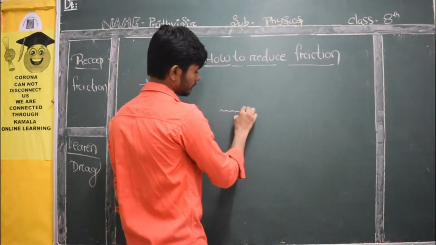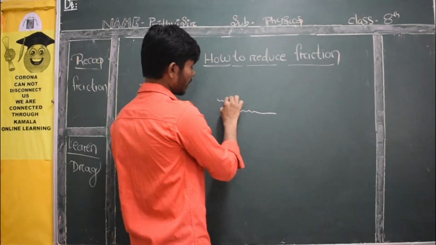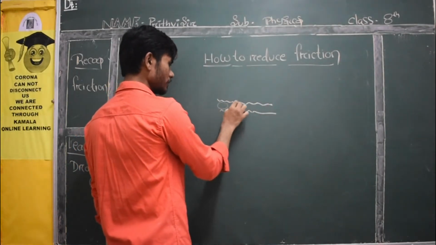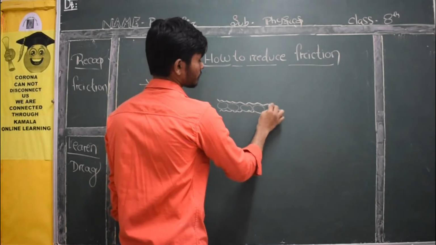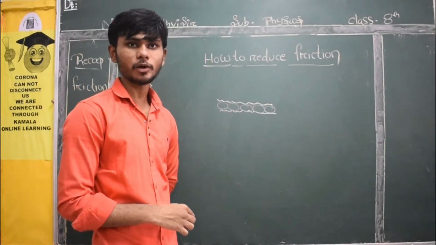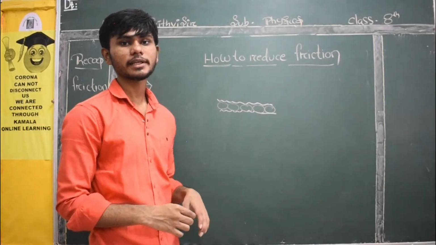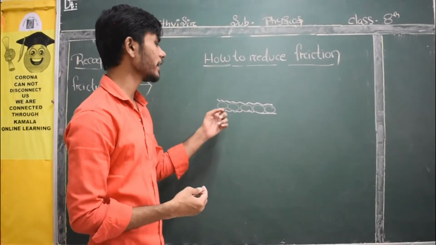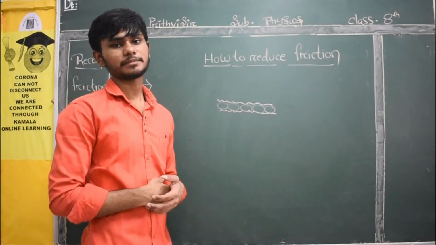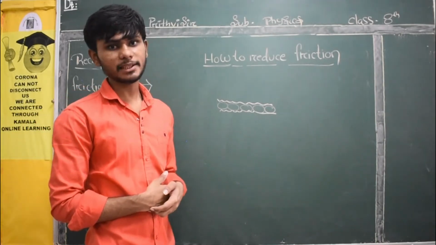Our hand is like that. If you place liquid in between, liquid is uniform, students. So it won't create any problem and it will reduce the entire friction, and your hand will slip easily.